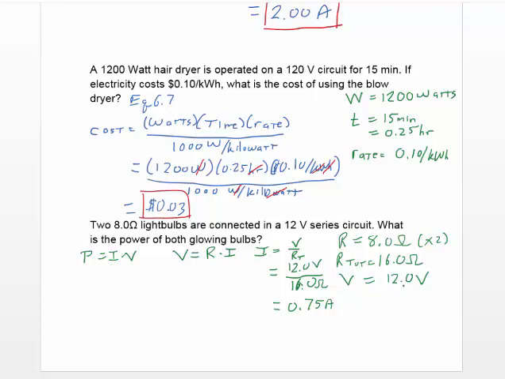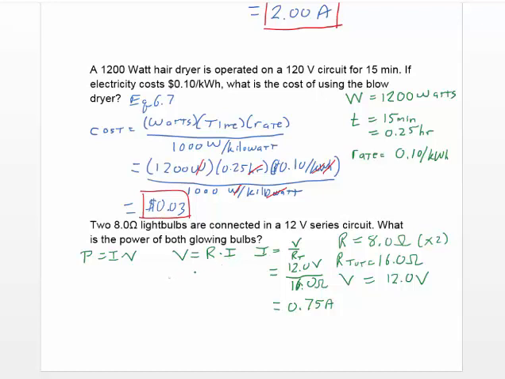The voltage that we have here is 12 volts, but in a series circuit, the voltage drop across each object is not going to be 12 volts. In a parallel circuit, it would be. In a series circuit, each one will not be 12 volts. They will have to add to 12 volts. But let's double check that by working again with Ohm's law. Now we want to find the voltage, which is equal to the resistance times the current.